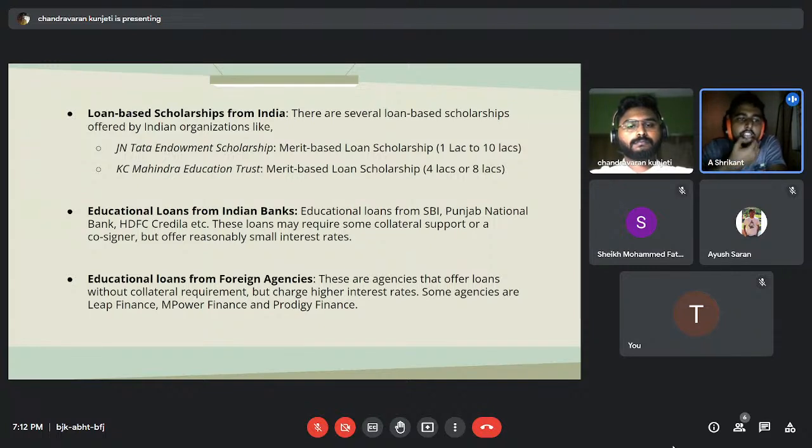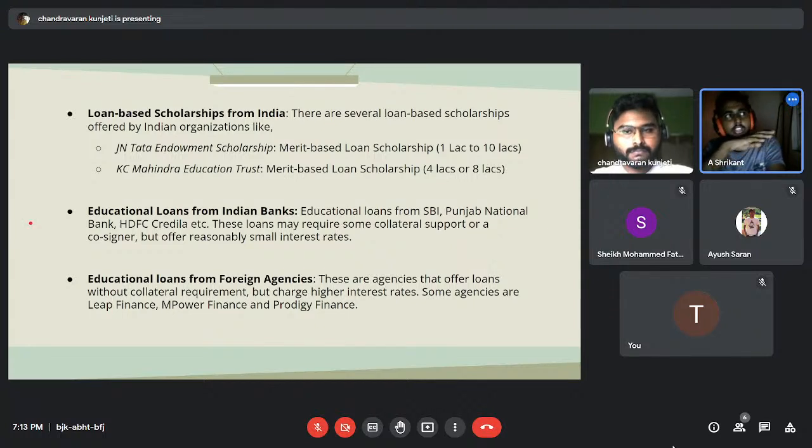And the fifth point is education loan from Indian banks. This is the most approached option when it comes to funding your MS. You take a loan from banks. If you're taking loans from banks like SBI, Punjab National, etc., these banks actually require collateral, even HDFC Credila requires collateral, and whenever they require collateral, it's very essential that you sort the collateral thing as early as possible.